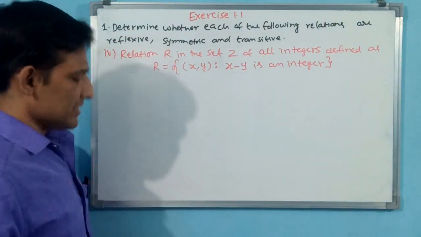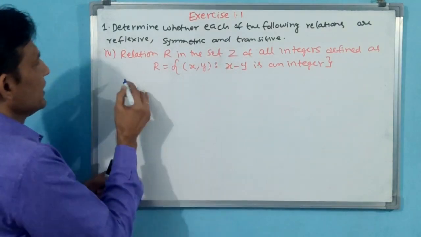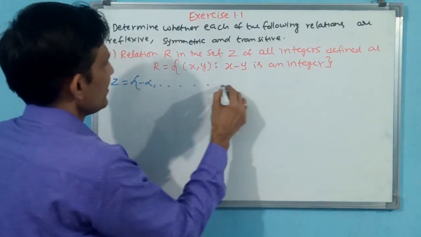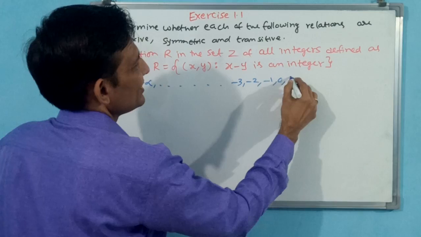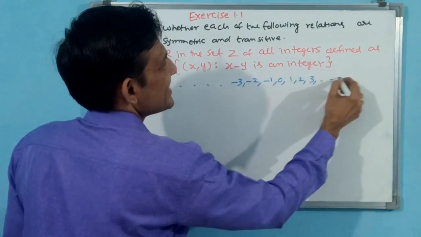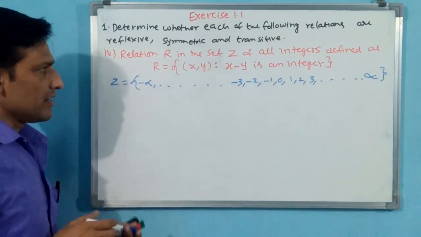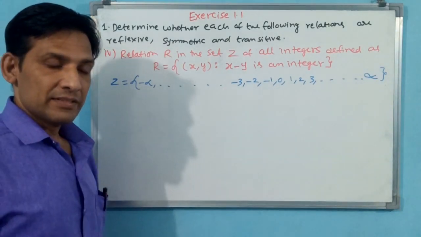Okay, let me write integers first. Integers is equal to minus infinity to minus 3, minus 2, minus 1, 0, 1, 2, 3, plus infinity. Okay, this is Z. See, real numbers and Z both are different.